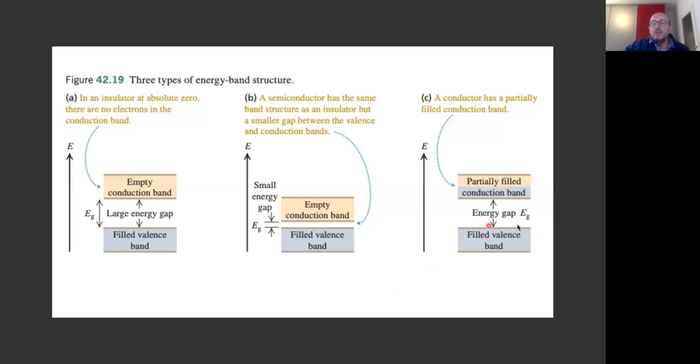They are going to be completely filled. But these electrons here are going to be able to move to an unoccupied state with higher momentum and higher energy, because such states are available for them in the band. So this is the situation you have in a conductor. This could be copper, for example.